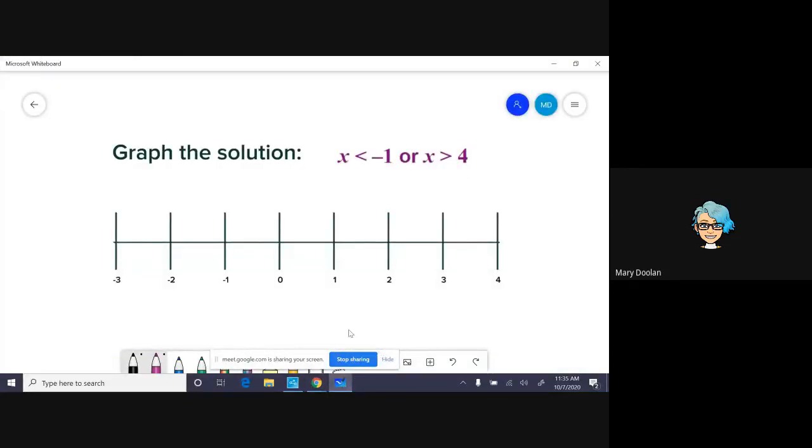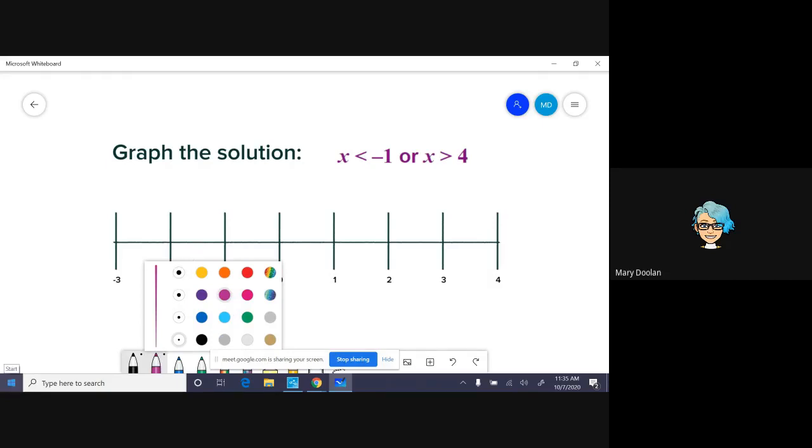Okay, so we can see this one that we're trying to do. This is a less than symbol. That means we have an open circle at -1. X is less than -1.